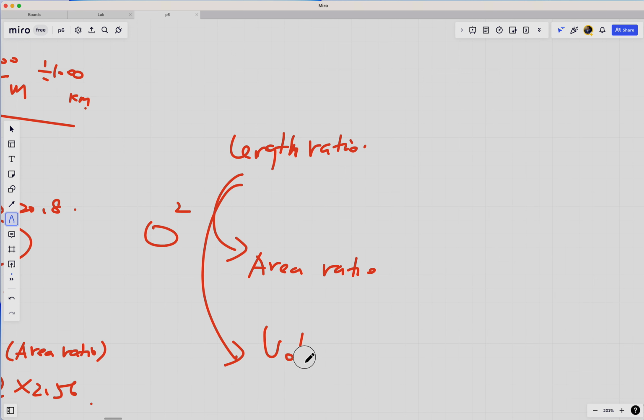What do you think? Cube. Yes, cube everything. Length ratio to area ratio is square. Length ratio to volume ratio is cube everything. So what if from area ratio back to length ratio? Square root.